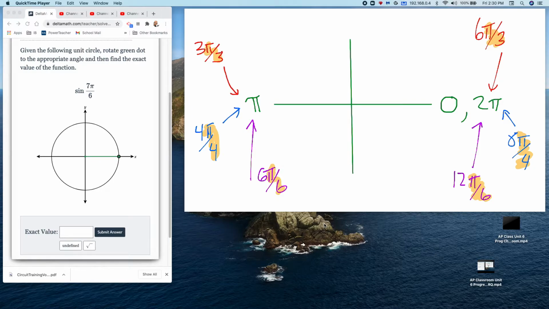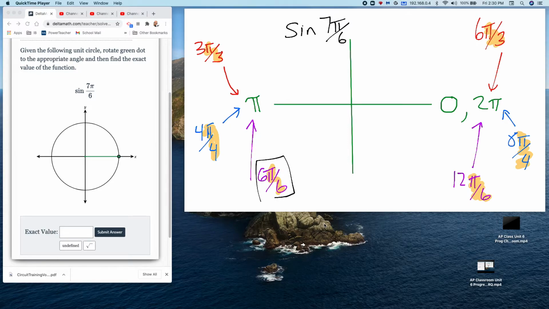So when you think about 7 pi over 6, let's think about what that looks like. If I'm asked to find the sine of 7 pi over 6, notice that 6 pi over 6 is right back here.